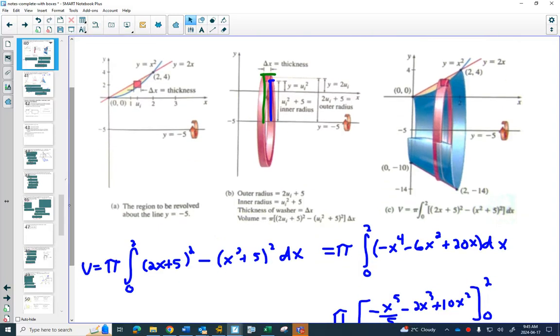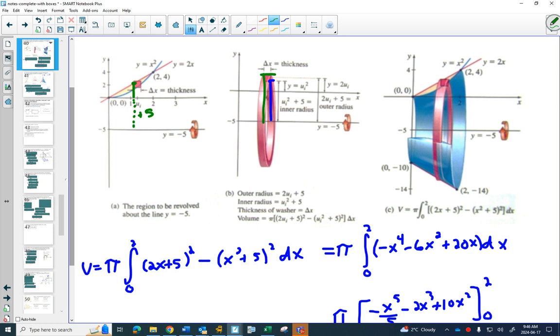So what is our big radius? Well, our line on the top is our red line, that's 2x. Now 2x always gives you the distance from that point down to the x-axis. That's your y coordinate, your y value. And now, since you're revolving it around -5, you're adding 5 to that radius.